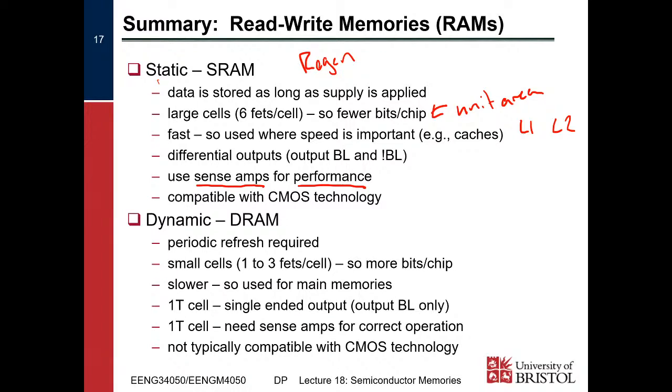But we say, okay, if we do that, it's going to take a long time for this very small charge to charge or discharge this very large capacitance. So we'll use the sense amplifier to speed it up. And it's compatible with CMOS technology. It can be put on the same chip as your processor logic, right? Conversely, we've got dynamic RAM. So this is a stored charge.